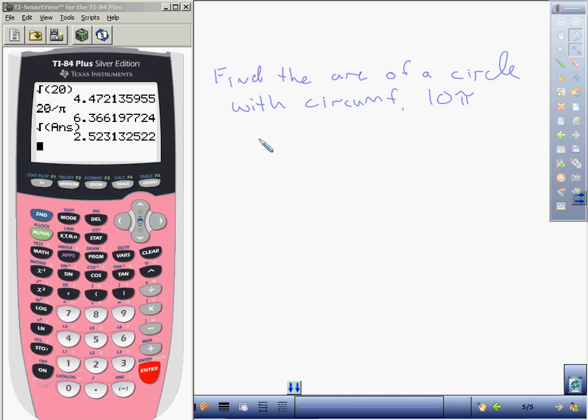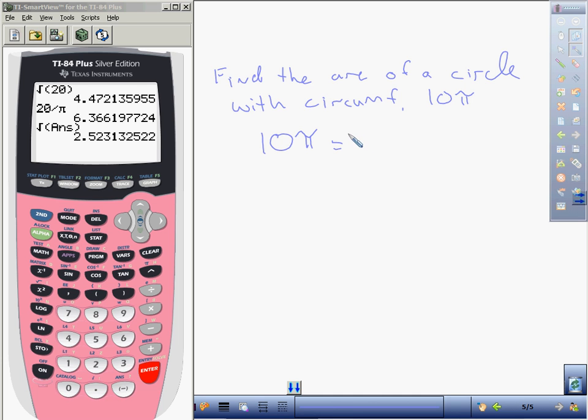So once you divided by 2, which is away. Almost. Not quite. If 10 pi is the circumference, what's another way to write the circumference? What's the formula for circumference? Wait, so it's pi r squared? No, that's not circumference.